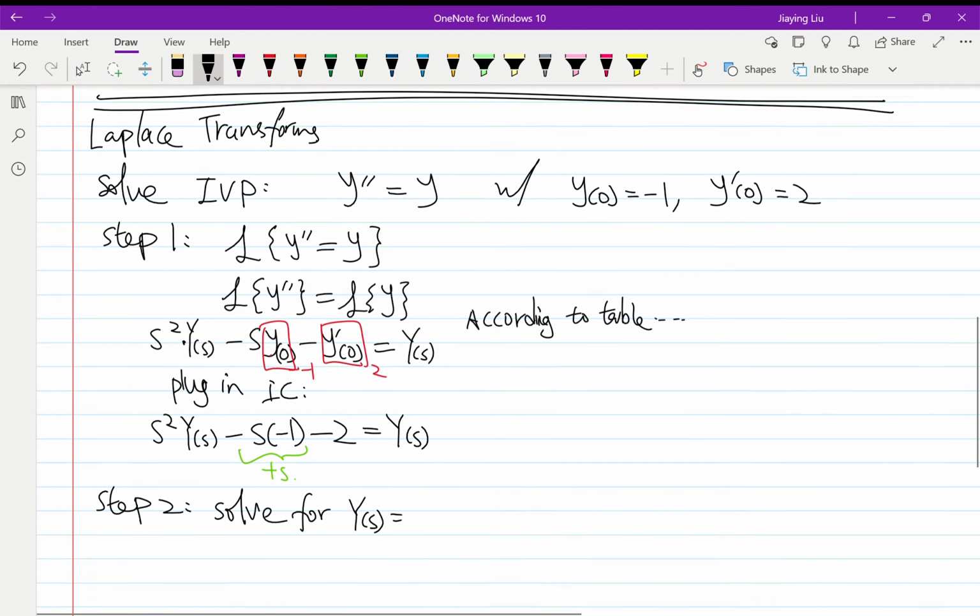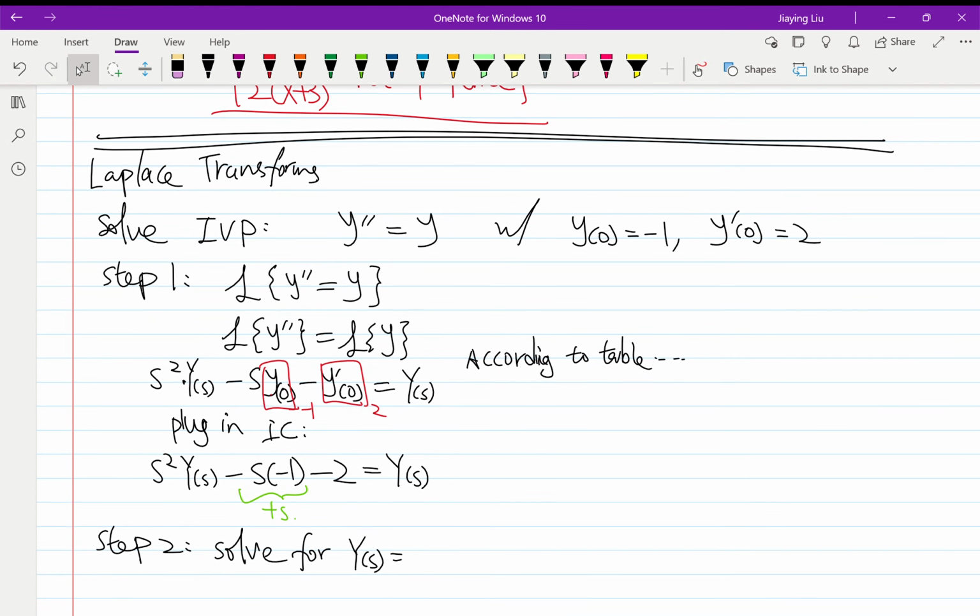Before I do that, I do want to go back to the problem to note what we're looking for. When we see solving initial value problem in the beginning, like y double prime equals y with those initial conditions, what we're looking for at the end is lowercase y, because that's a differential equation with lowercase y, right?